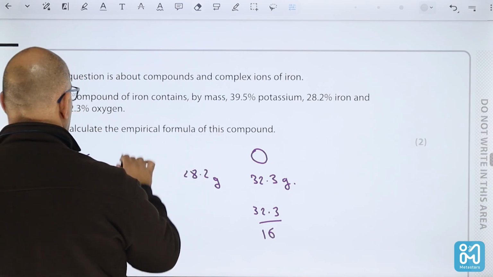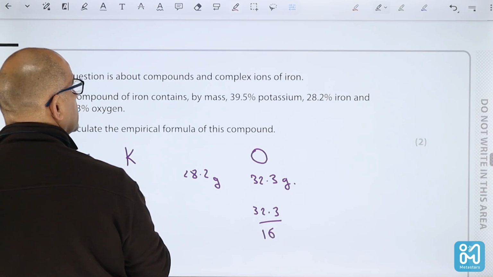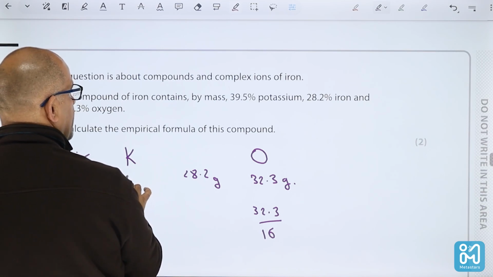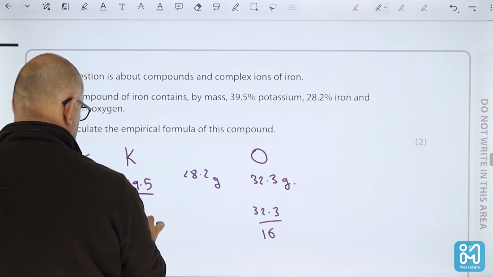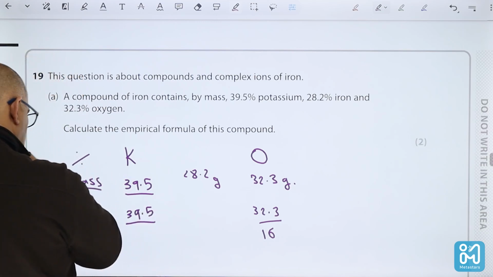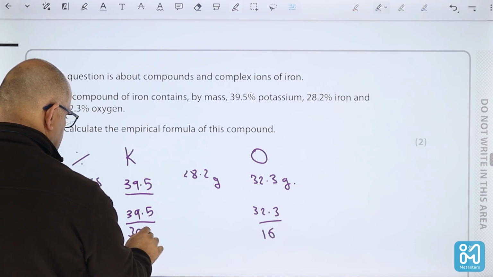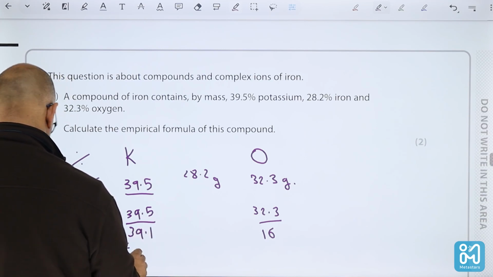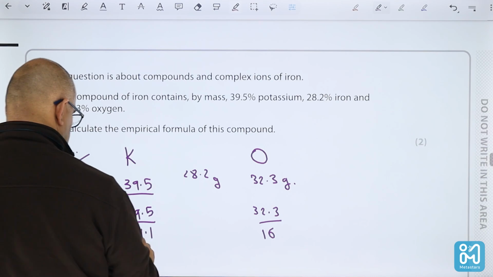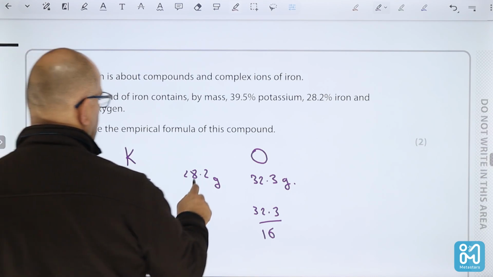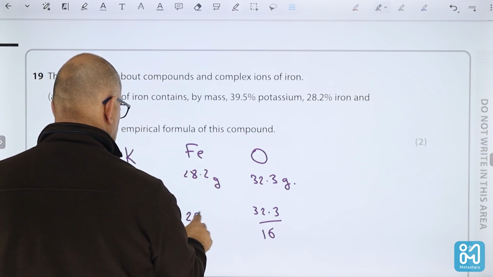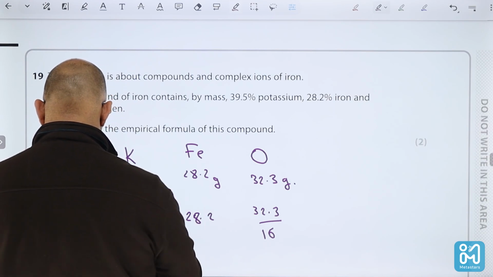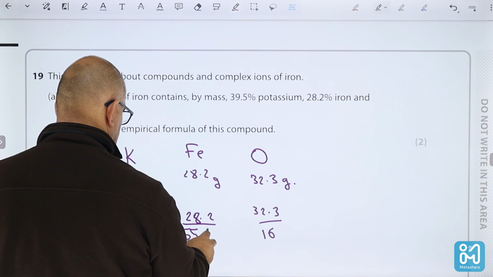So this one is for potassium, which is 39.5 over 39.1, and the answer is 1.01. Now for iron, it's 28.2 over 55.8.